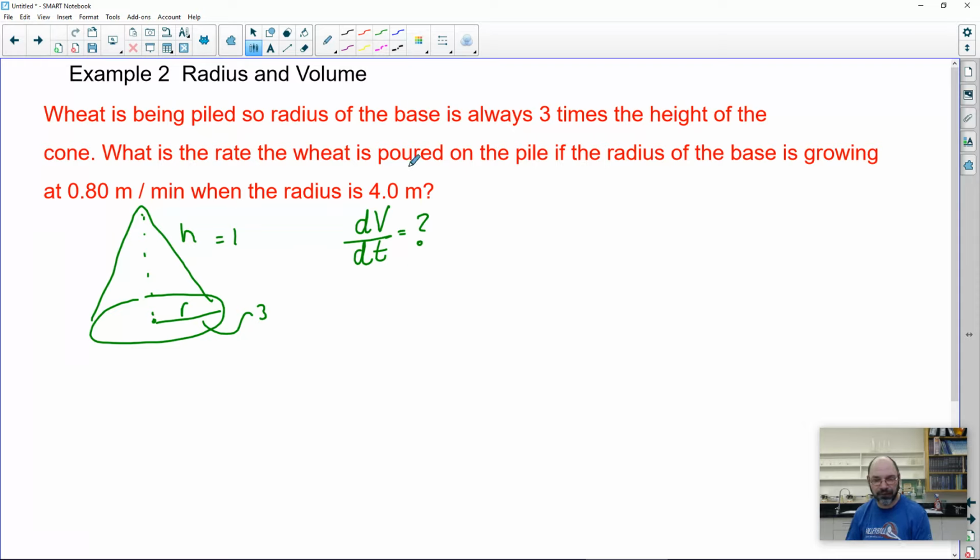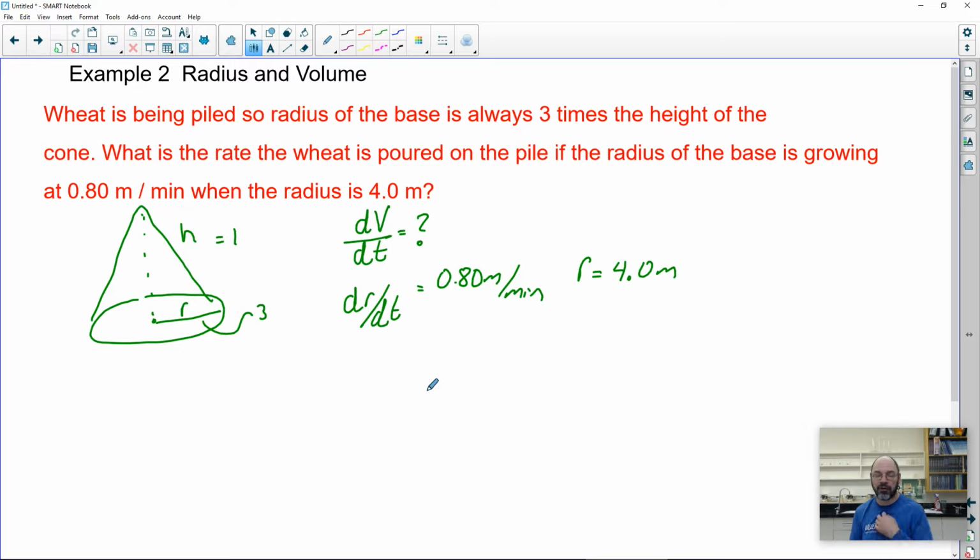If the base is growing, so the base dr/dt is growing at 0.80 meters per minute. And we can say that we also know that that is occurring when r is at 4.0 meters. Okay, so that's what we know about this question.